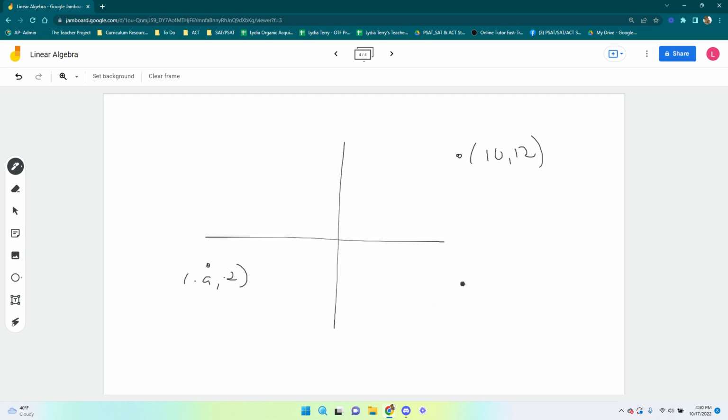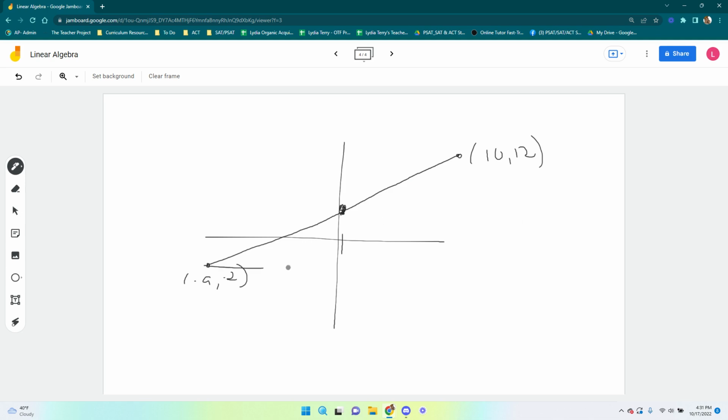So the average of 10 and -9, I should have made them even numbers, is going to be 1/2. Okay, so I'd probably about right here. And the average of -2 and 12 will be 5. So I think I did pretty well there. Looks pretty good. Well, 5 would be more up here, but I'm eyeballing it here.